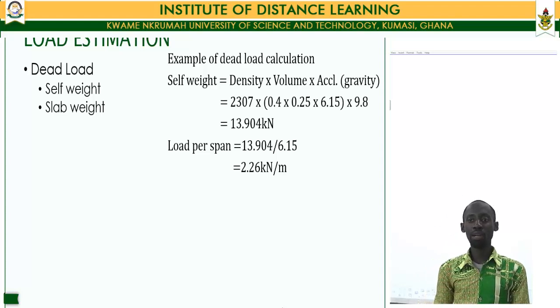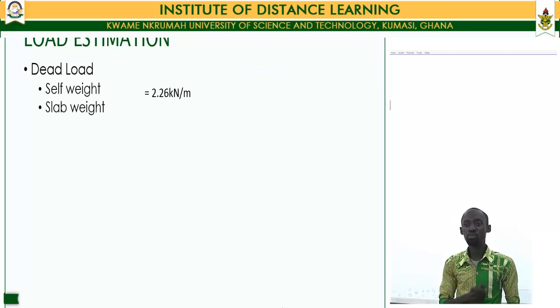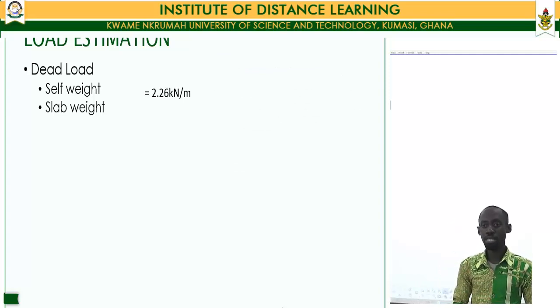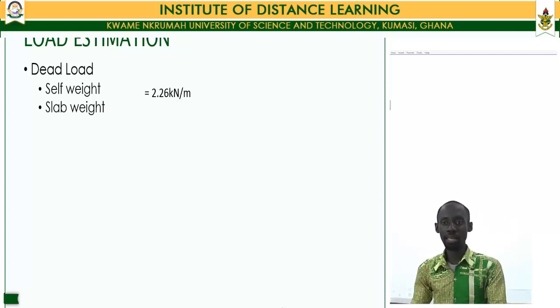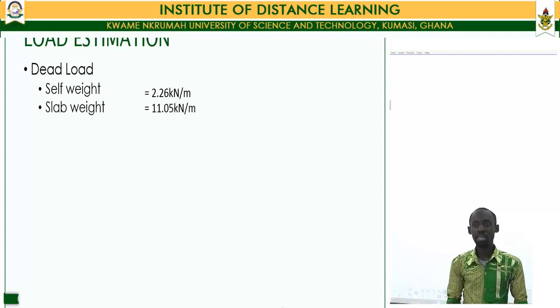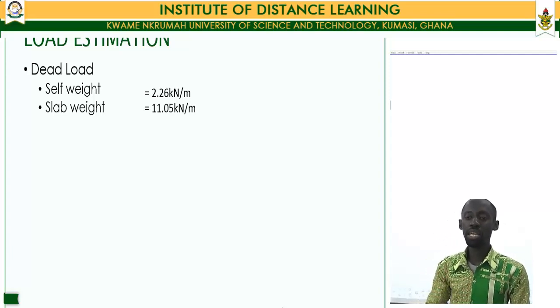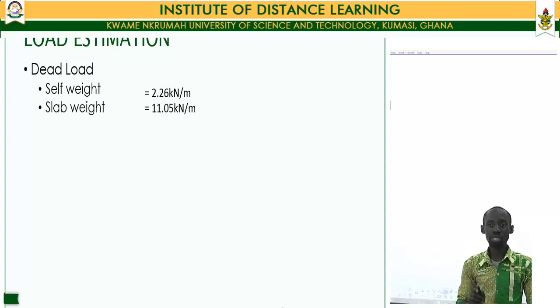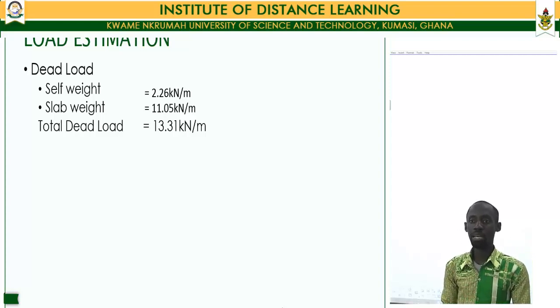So the load of the beam spread over the entire span has a value of 2.26 kilonewtons per meter. A similar method was applied in determining the load from the slab onto the beam, and that gives us a value of 11.05 kilonewtons per meter. Now, summing the two dead load values together gives us the total dead load for our beam, which becomes 13.31 kilonewtons per meter.